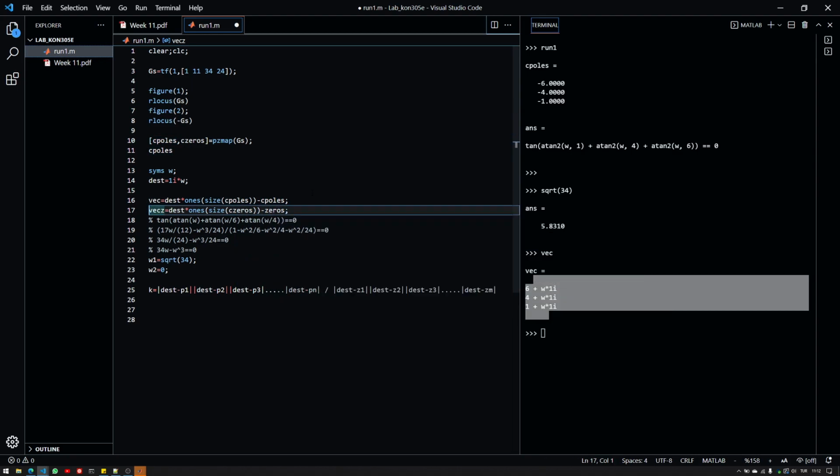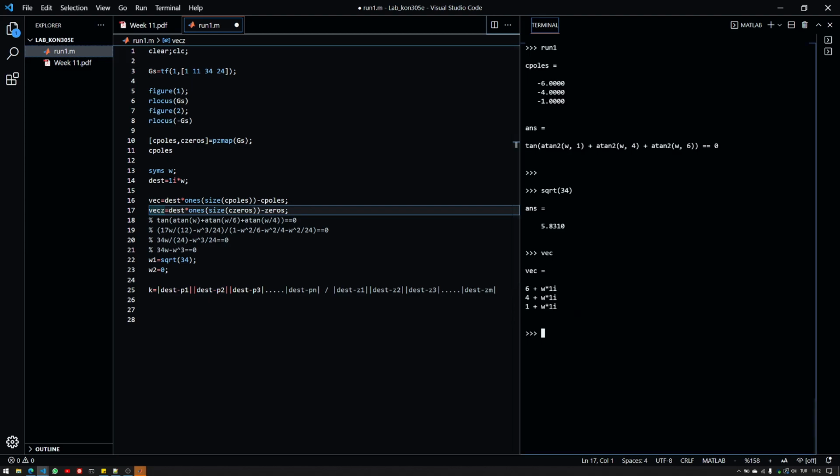And there we go. I have the distances from each zero to the destination point. I have a vector of this information, and then I have the vector for the poles, and then I can directly use prod on this, prod, which is the product. So if I have a vector, take the product, I'll get the multiplication of each element.